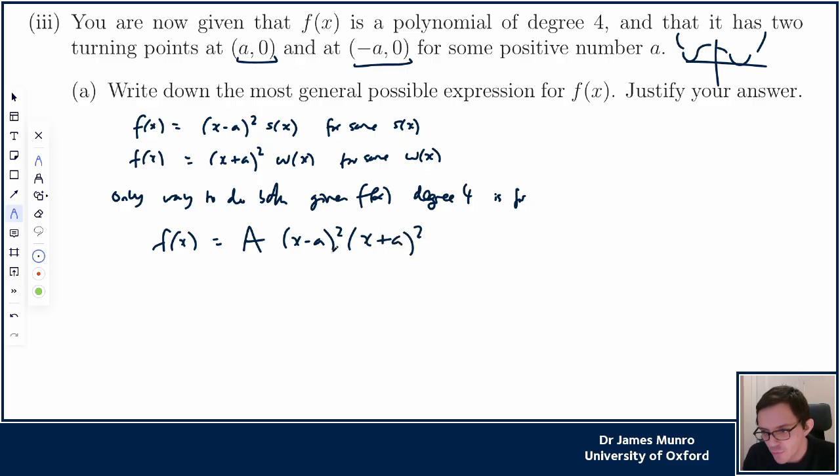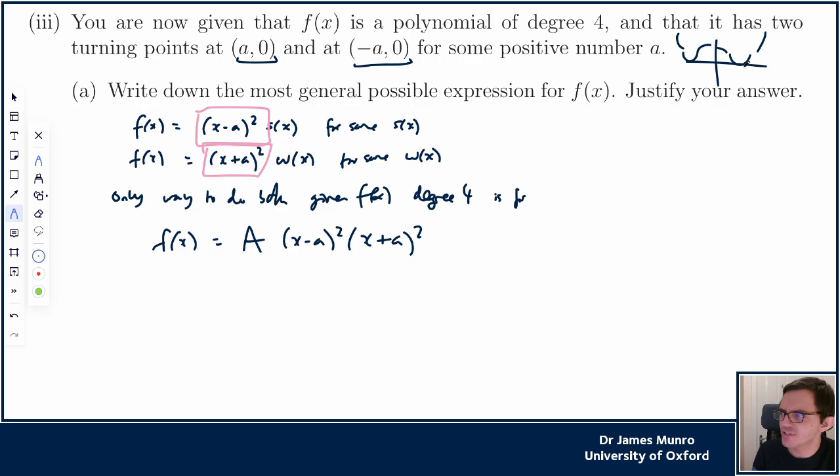I can't have any more terms because the maximum degree is supposed to be 4, and I already have degree 4 around here. I don't know what the coefficient of x to the 4 is, but if my polynomial has factors like these ones, and also factors like these ones, that's already a lot of factors, and I don't want any more factors with x's in. So multiply all your numbers together to be some sort of coefficient a at the front there. That is my most general expression for f.